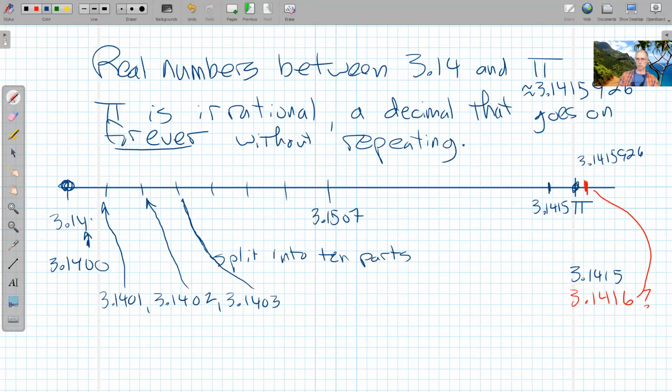Some people had some clever ideas, like use 3.141, just keep adding other decimals, and then 3.1415, and then next you could do 3.14192.